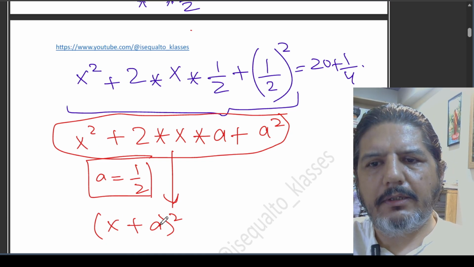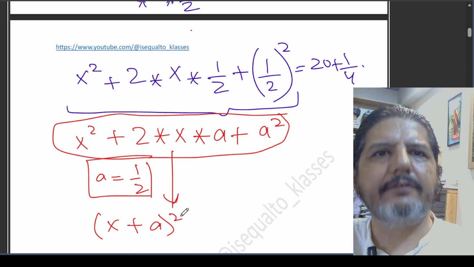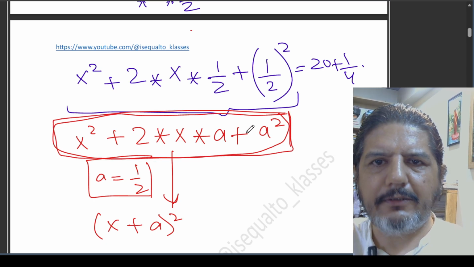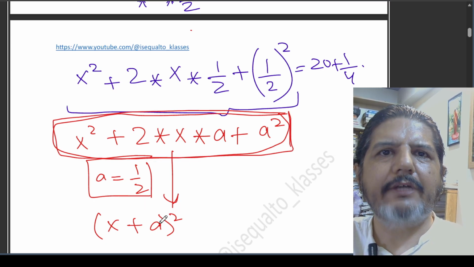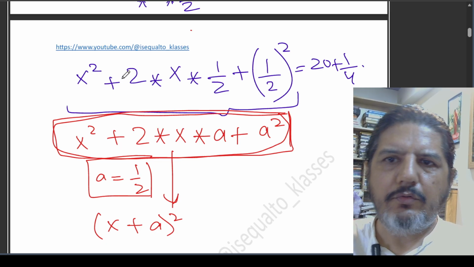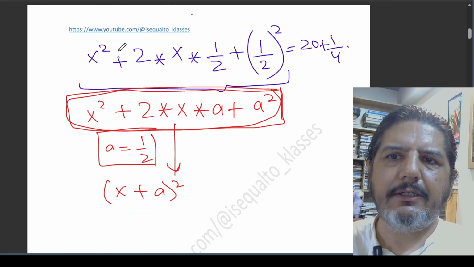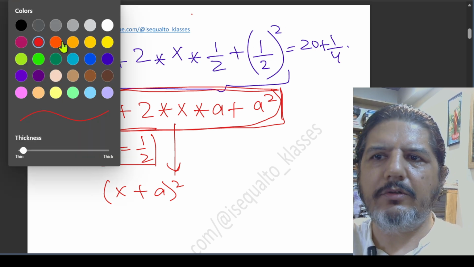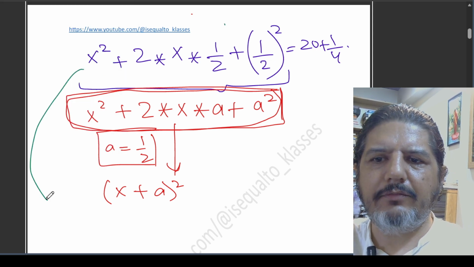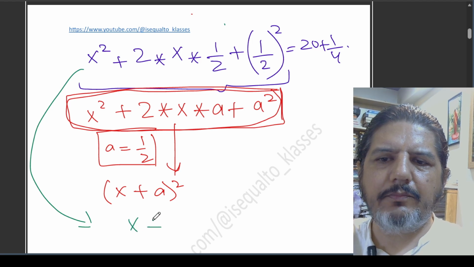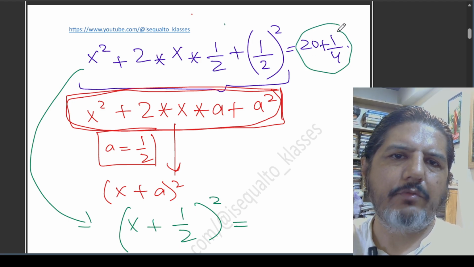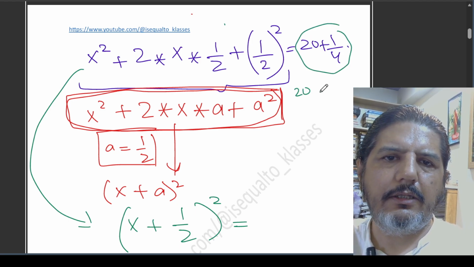So x square plus a square plus 2ax, this expression is equal to (x + a) whole square. So what is happening now is that x square plus 2x half plus (1 by 2) whole square, I can write whole of this in the form of (x + half) whole square is equal to 20 plus 1 by 4.